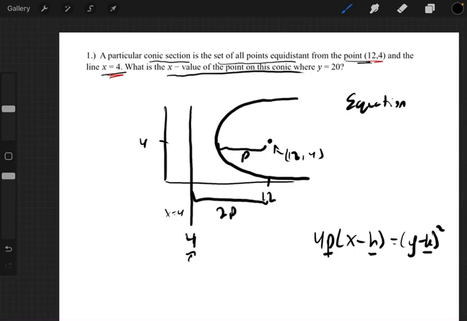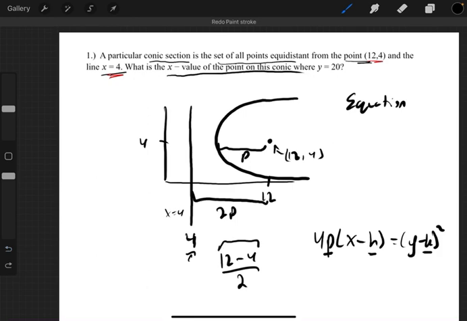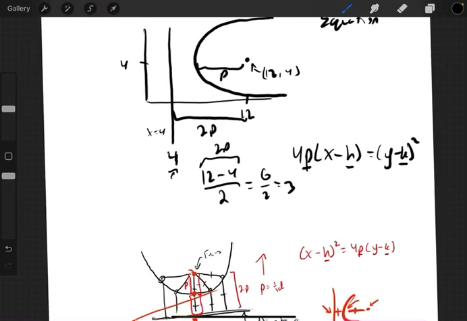So you take 12 plus 4. That's wrong. You just find the distance. 12 minus 4, the distance between 12 and 4, divided by 2, because the distance between 12 and 4 is 2p, so to get a single p, you need to divide by 2. 12 minus 4 is 6, over 2 equals 3. So that's p.